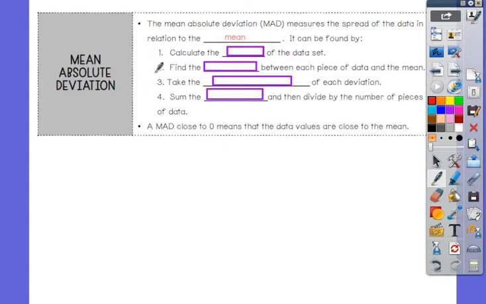To calculate the mean absolute deviation, you must calculate the mean of the data first. Then you have to find the difference between each piece of data and the mean. So you're going to look at what the mean is and subtract it from every single piece of the data.